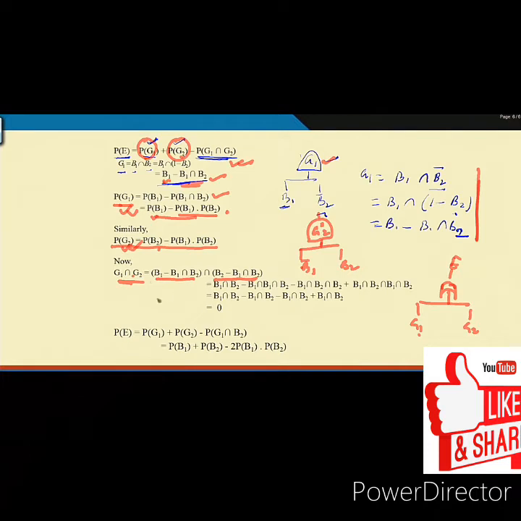If you do the algebraic manipulation here, B1 B1 B2 is nothing but B1 intersection B2, B1 B2 B2 is nothing but B1 intersection B2, and this also is nothing but B1 intersection B2. So, these terms cancel out, and this particular part becomes 0.